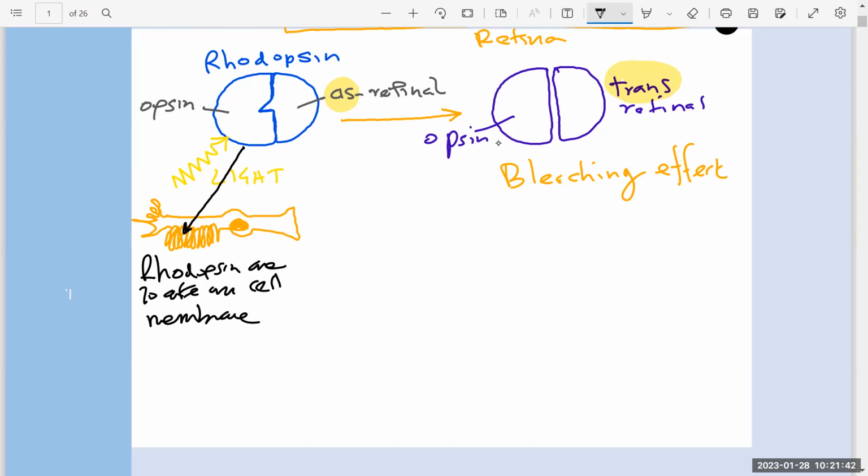Right. After that, we have two molecules. One is opsin, the other one is trans-retinal.